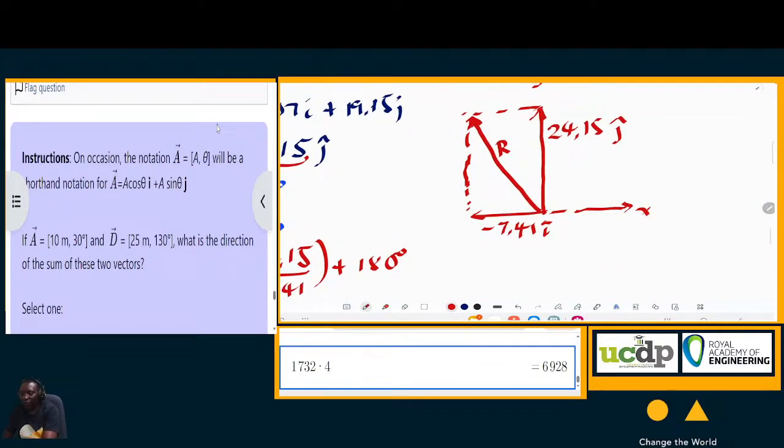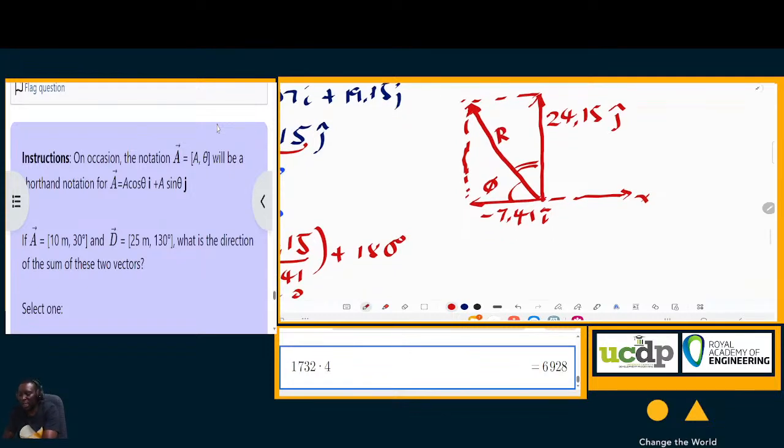That resultant vector makes a certain angle with the x. We can call that angle phi, or you can deal with this other angle, it's up to you. But the simplest is to deal with the horizontal angle, the one subtended with the horizontal line, the x. So let's deal with phi.